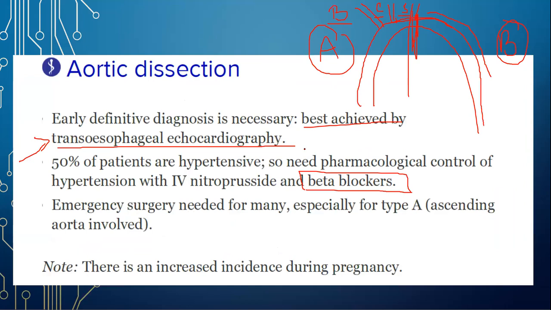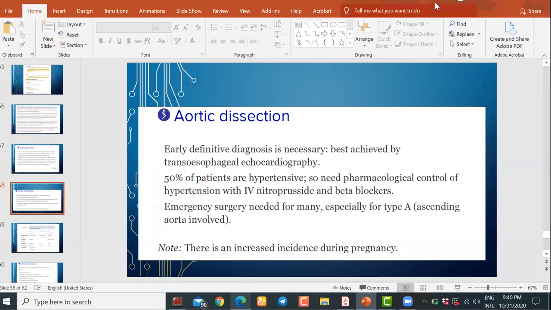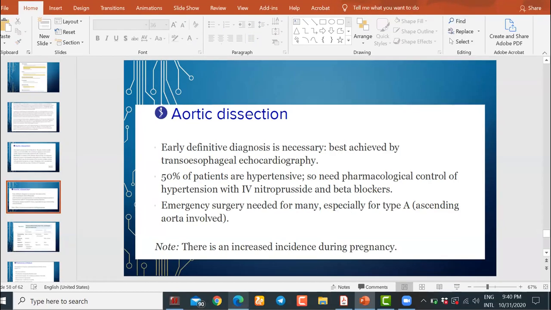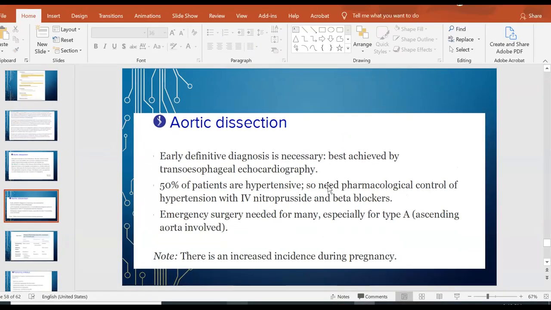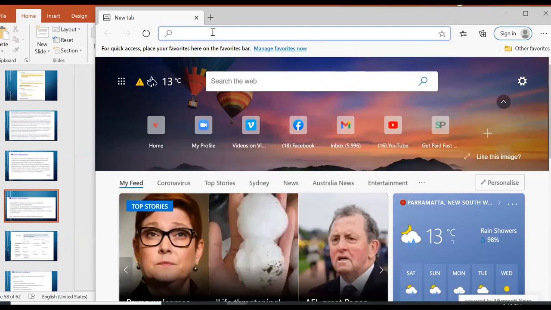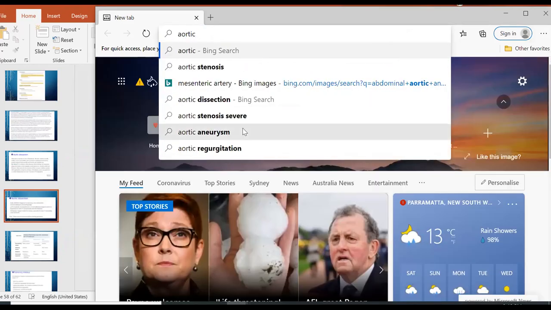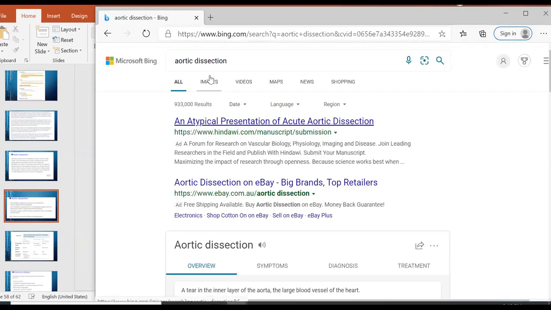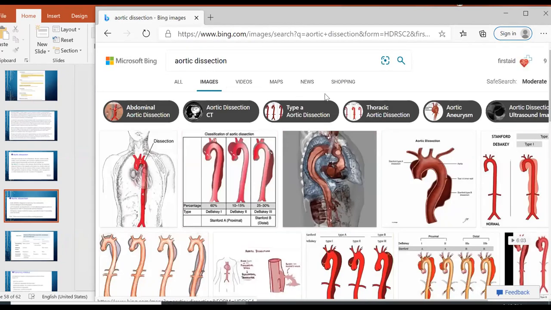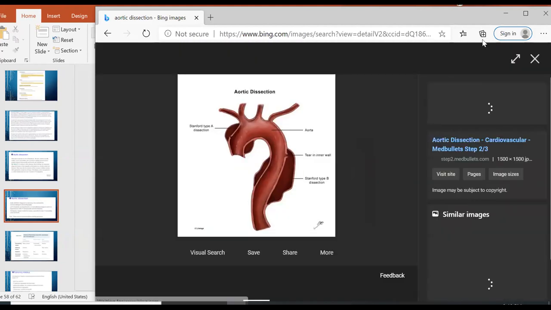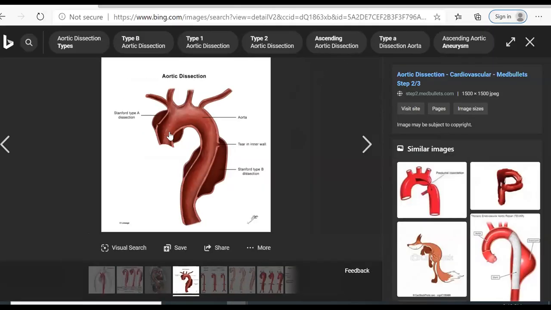So this is the type A and type B. So it will be easier if we can show you here. Let me have a look. See this one.